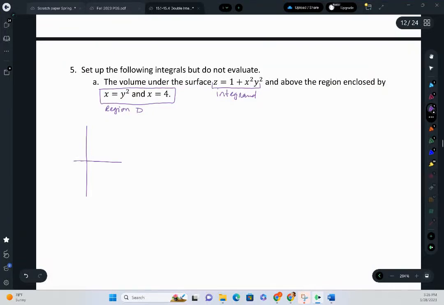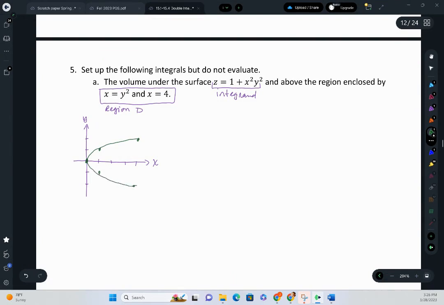If I draw that, x equals y squared is a sideways parabola, and just draw a few of these tick marks on here. It has points that go through the origin, (1, 1), (1, -1), (4, 2), and (4, -2). And then we can draw that nice parabolic shape that we all know.